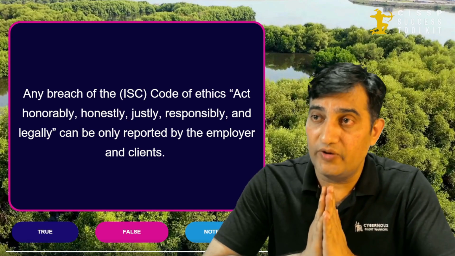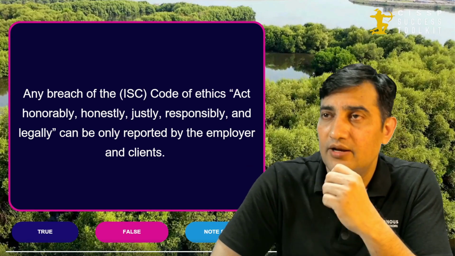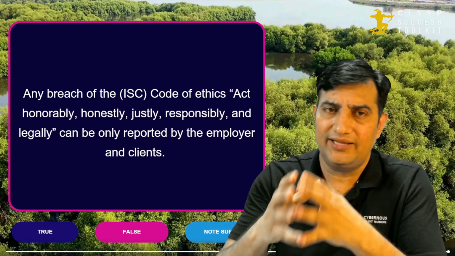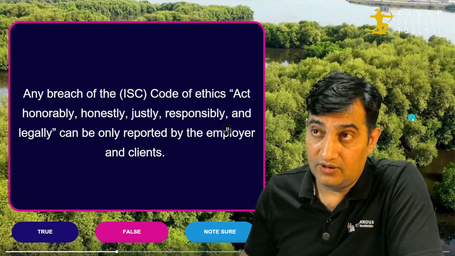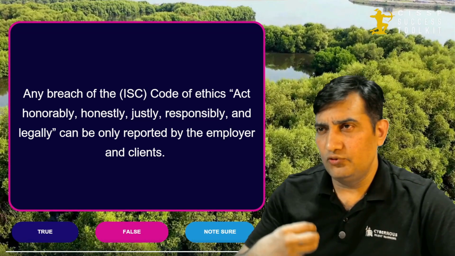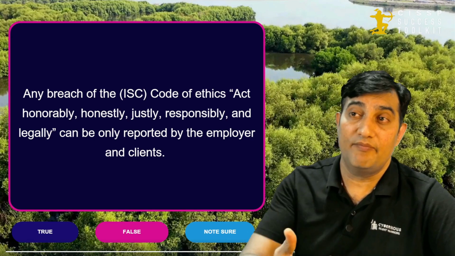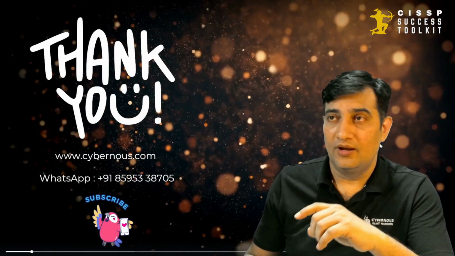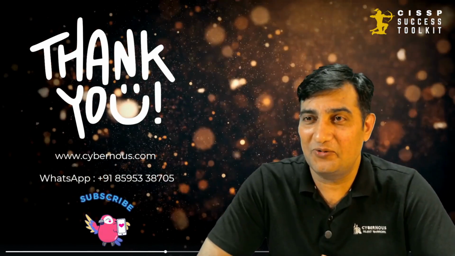Now you may also wonder, what is the end outcome? What is the maximum punishment if the ethics are not followed and you are found guilty? In that case, your CISSP designation can be taken back from you. So with that, guys, I think we are done with this section.